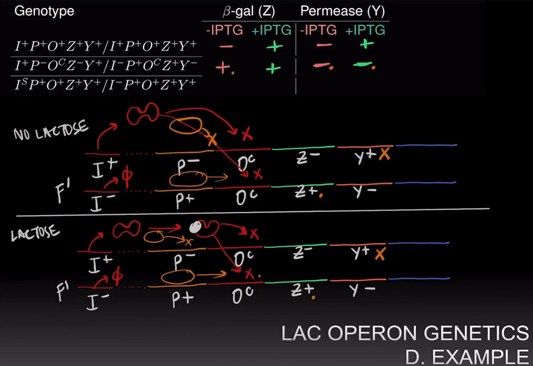And that's why we end up with constitutive expression for beta gal.